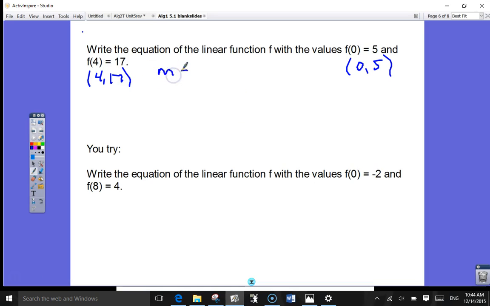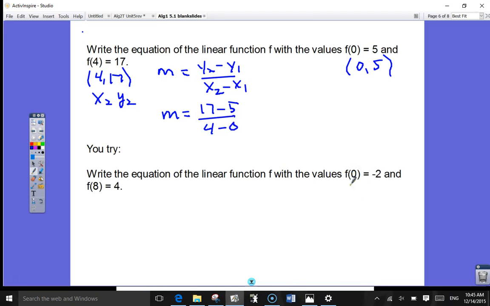m equals, just so we remember, y2 minus y1 over x2 minus x1, right? And so I'm going to say this is my x2, y2. So m equals 17 minus 5 divided by 4 minus 0, which is 12 over 4, which is 3.